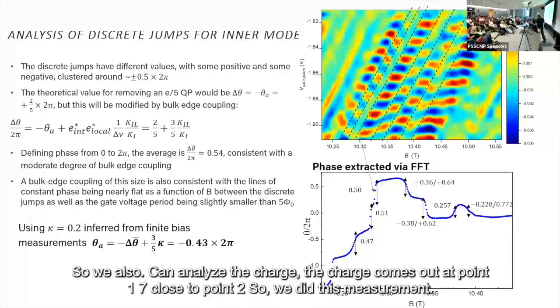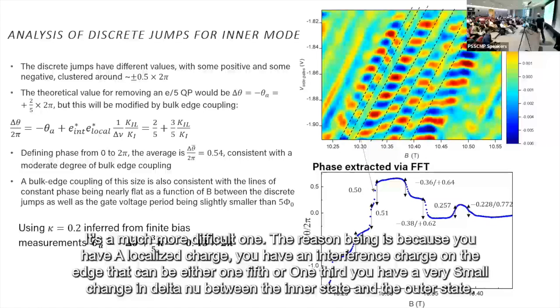So we also can analyze the charge. The charge comes out at 0.17, close to 0.2. So we did this measurement. It's a much more difficult one. The reason being is because you have a localized charge, you have an interfering charge on the edge that can be either 1/5 or 1/3. You have a very small change in delta nu between the inner state and the outer state.